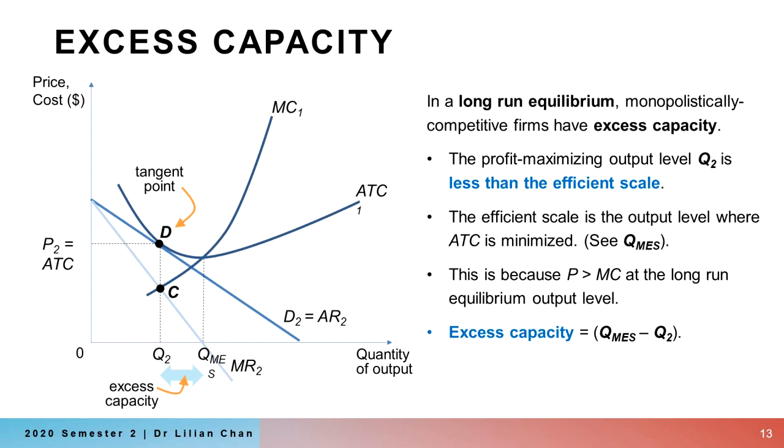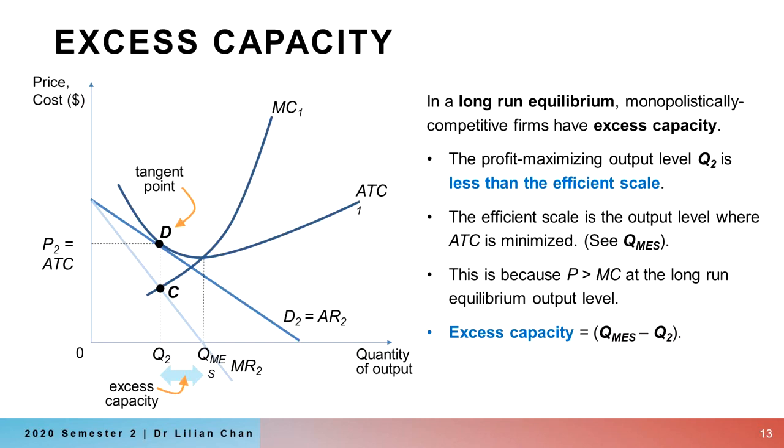Right, so minimum efficient scale, I put MES over there. So that's the output level at the minimum point of the ATC curve. That is where the MC curve cuts. So where the MC curve cuts the ATC curve, that's the minimum point of the ATC curve. So the output level where that happens is the minimum efficient scale.